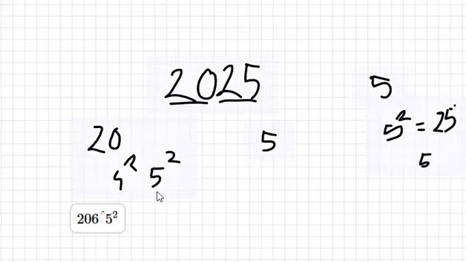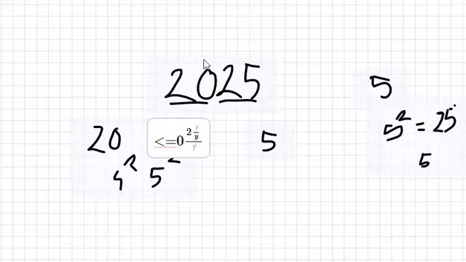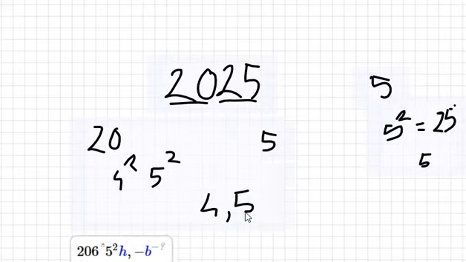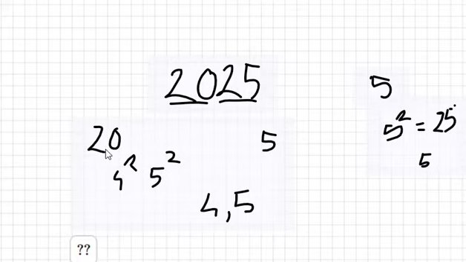That means the tens digit of the square root will be either 4 or 5. But since 5 squared is 25 and the first two digits of this number are 20, the tens digit of the square root will be 4, not 5.